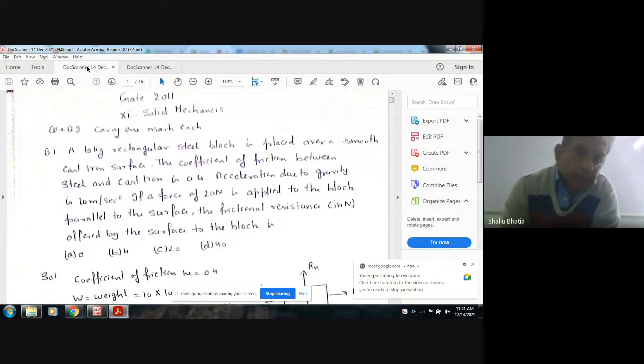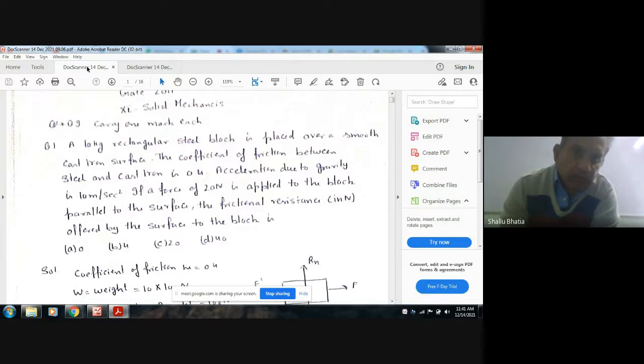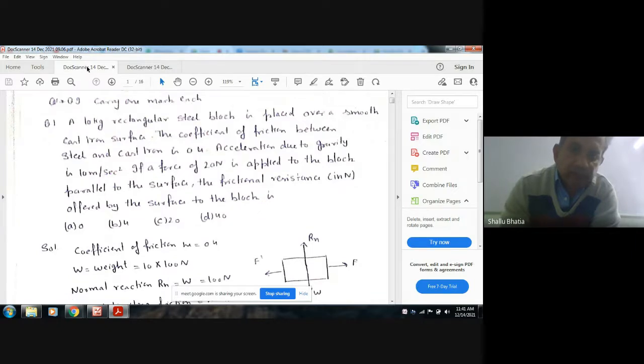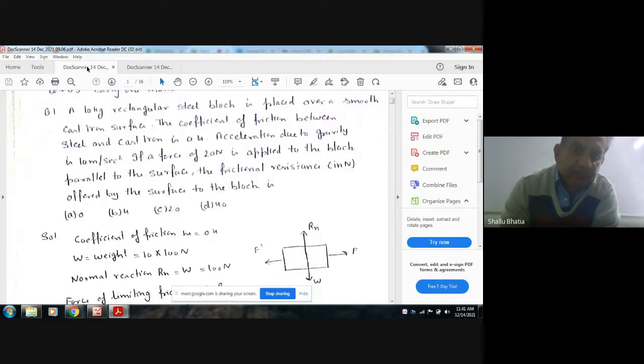Question 1: a long rectangular steel block is placed over a smooth cast iron surface. The coefficient of friction between steel and cast iron is 0.4. Acceleration due to gravity is 10 meter per second square.